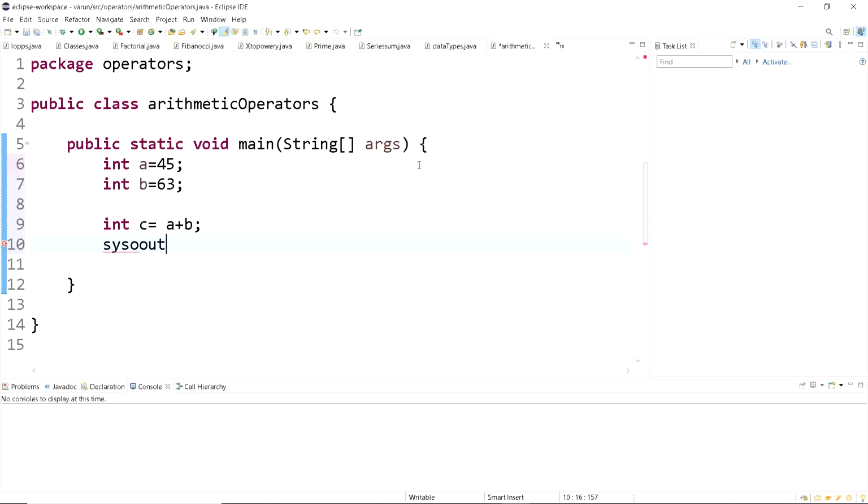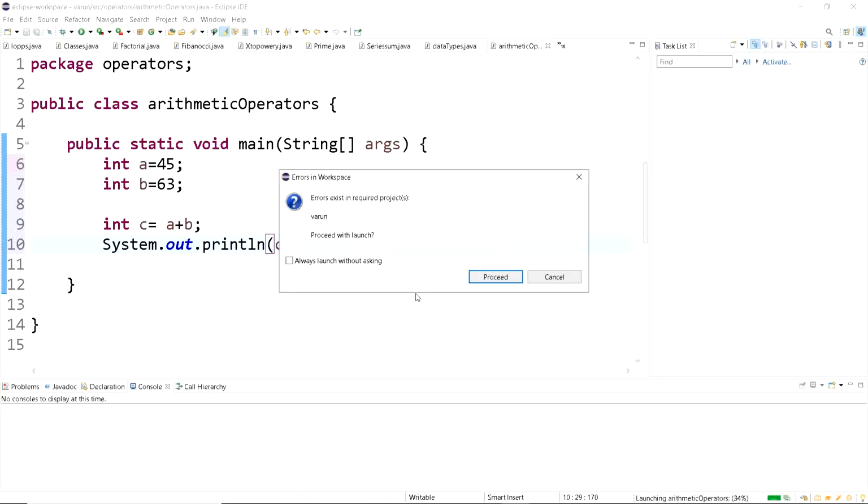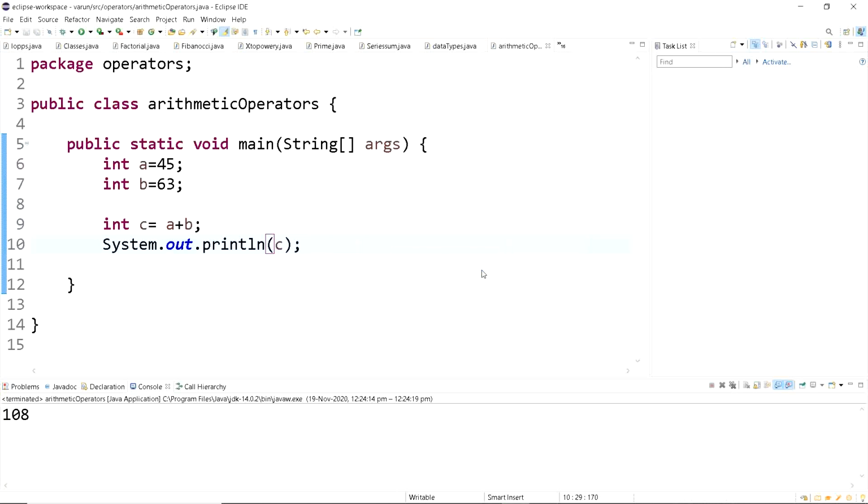Now let's print out c. See, the value 108 is displayed here.